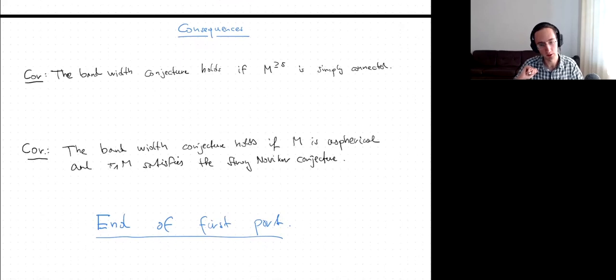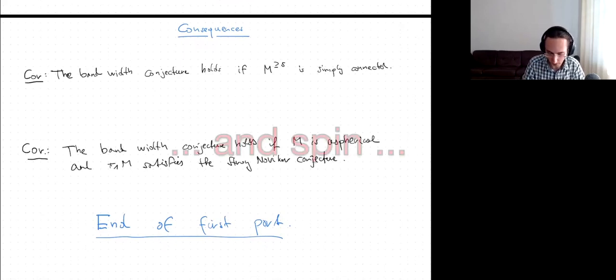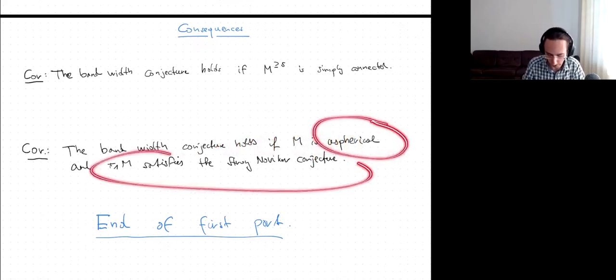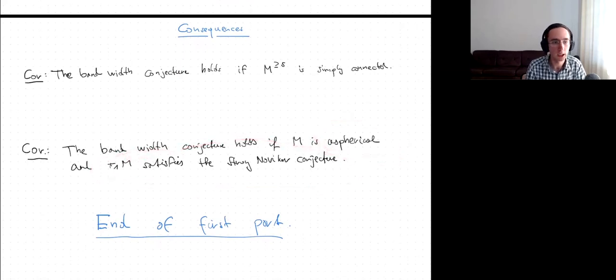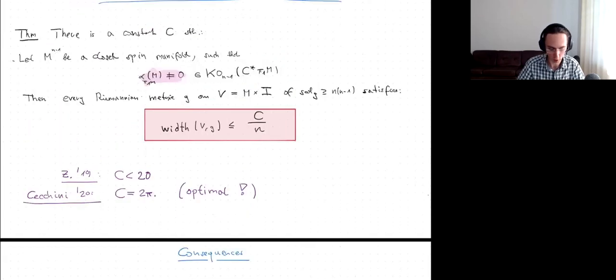Also, if M is spherical and pi 1 of M satisfies the strong Novikov conjecture, then we know by what I explained before that the Rosenberg index is non-zero, and therefore the conjecture holds by the theorem.